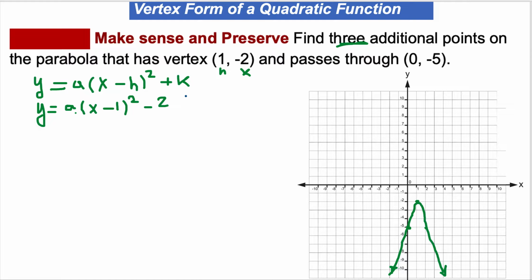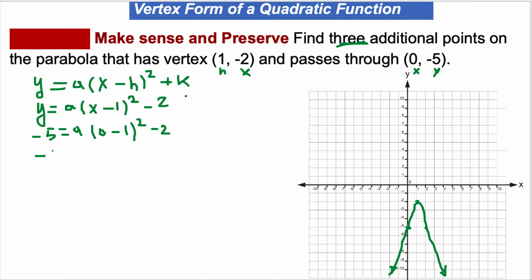But I need to find a. Now this point here has an x and a y. So I'm taking this point, the y-intercept, where y is minus 5, and here is a. Instead of the x, I'm going to plug in 0, minus 1, and everything is squared, minus 2. So now I converted this into one equation with one unknown, a.